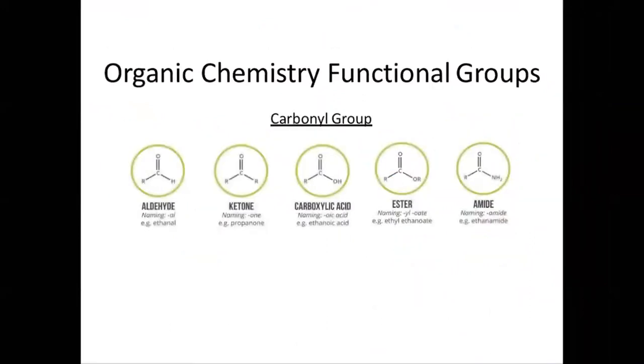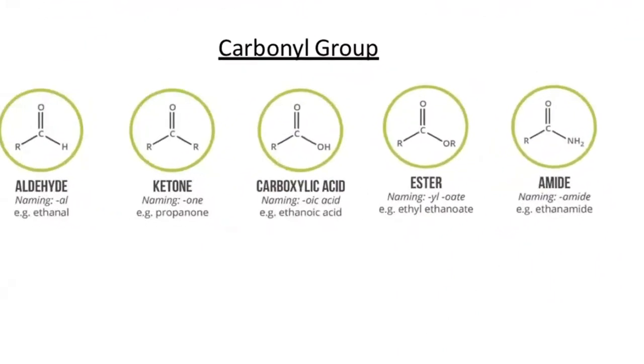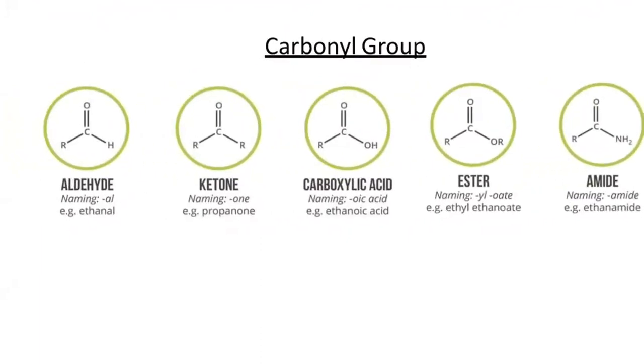Then let's move on to the next family, which is the carbonyl group, okay? So what is a carbonyl group? A carbonyl group is going to be a carbon that is double bonded with oxygen. Carbon double bonded with oxygen. So that's why all of these functional groups are known as containing carbonyl groups.